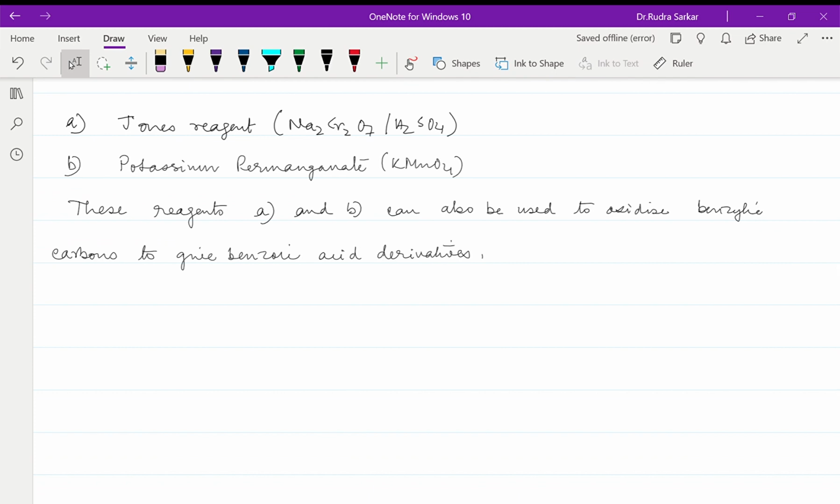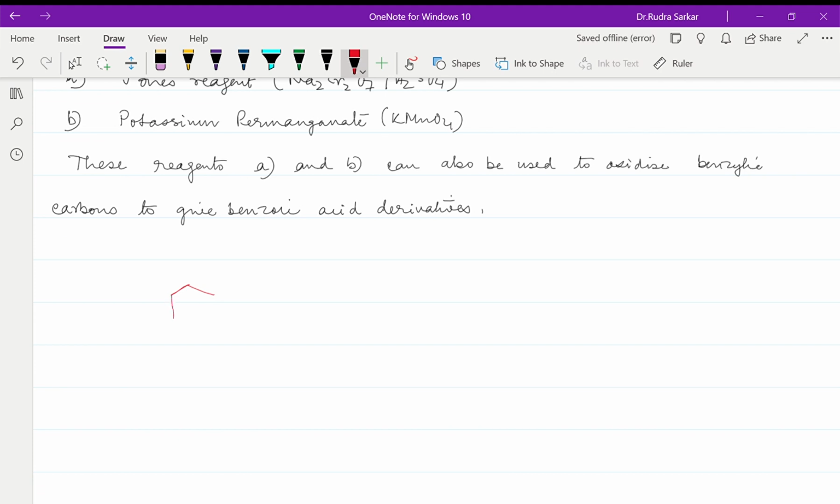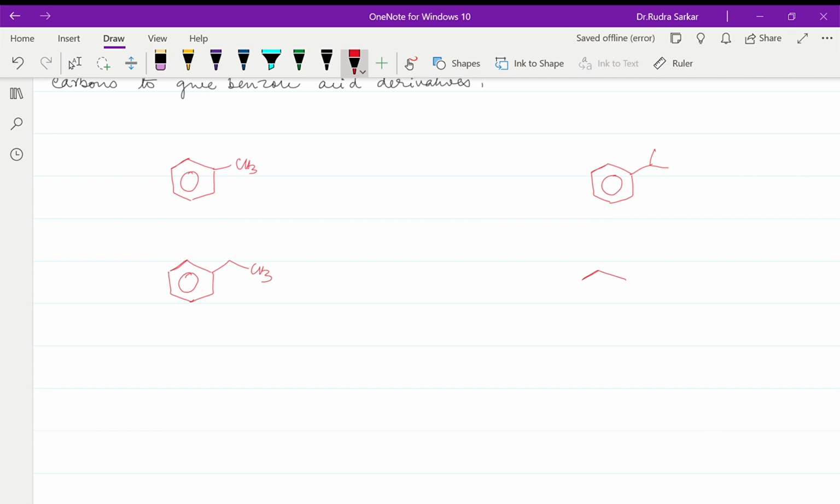Okay, so what do I mean when I say this? Suppose you take toluene, or you take ethyl benzene, or you have taken benzene joined to an isopropyl group, or the benzene joined to CH2, which is basically called styrene.